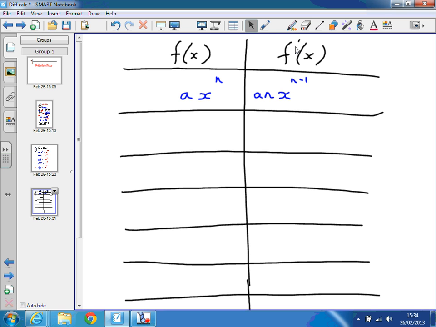We just apply the rule, and that's what we're going to do. For example, 5x to the power 3 would become, bringing the power down, 5 3s are 15, x to the power 2. Take 1 off the power, and I've differentiated it. Simple as that.